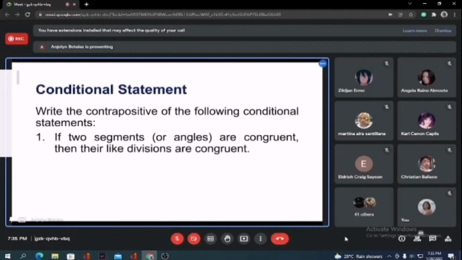Okay, let's start number 1. If two segments or angles are congruent, then their like divisions are congruent. Contrapositive ta.